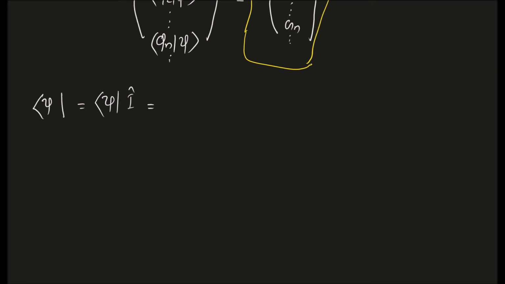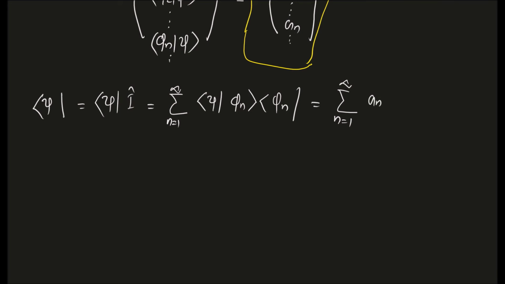So this is the same as summation over n equal to 1 to infinity, bra psi, then phi n, phi n. So this is basically summation over 1 to infinity a n star, then you have bra phi n, right?